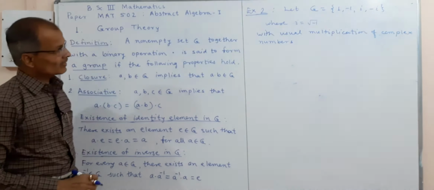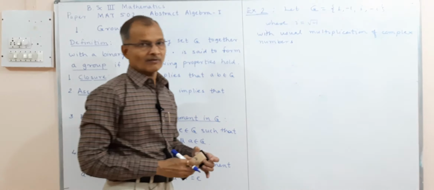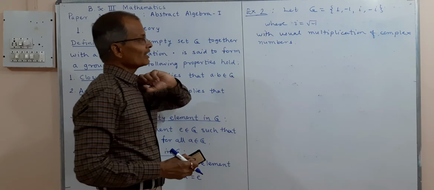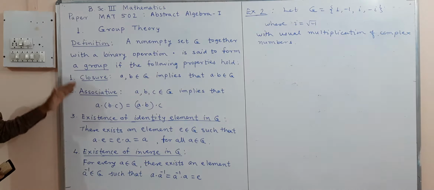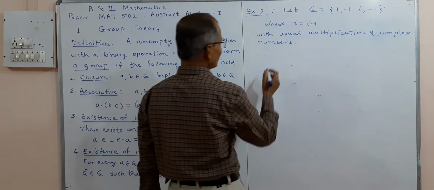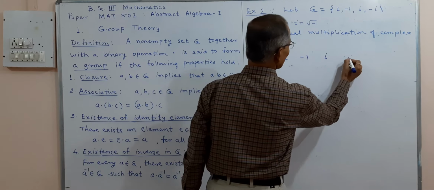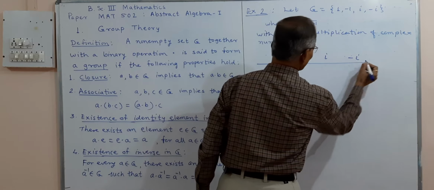And because the number of elements here is 4 only, finite, to understand these properties, we have to verify these properties, and to verify these properties, we shall form a composition table with multiplication. That means I shall write these elements here, and we shall form a table.